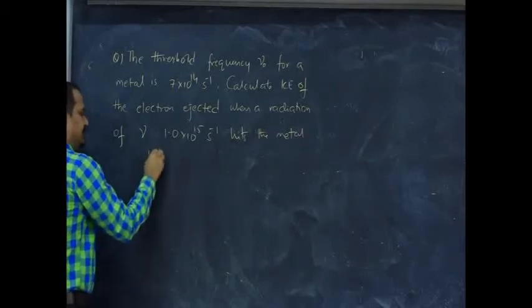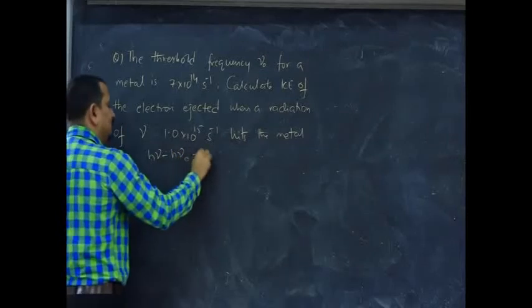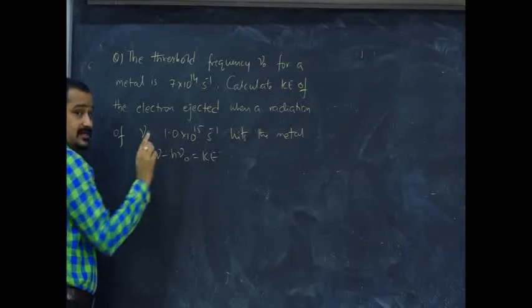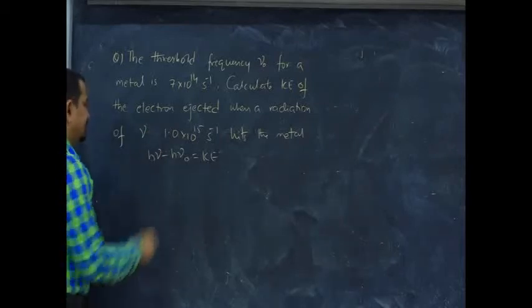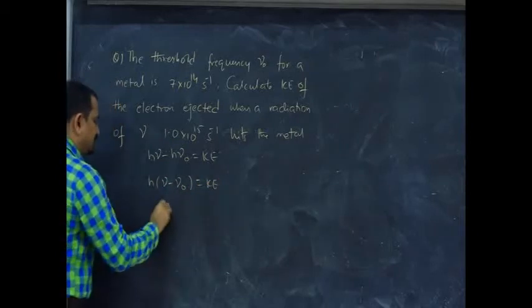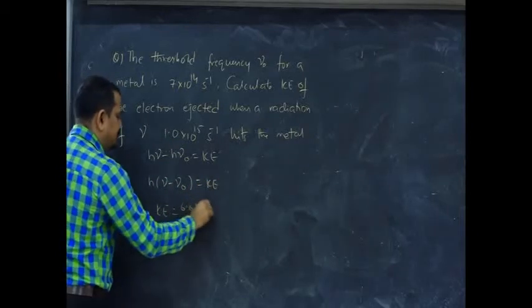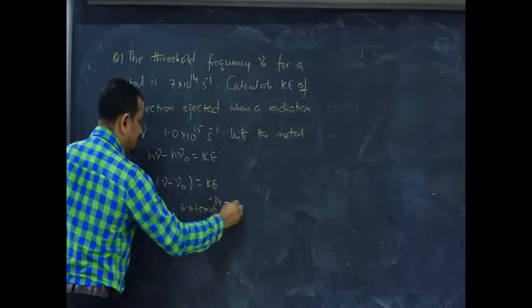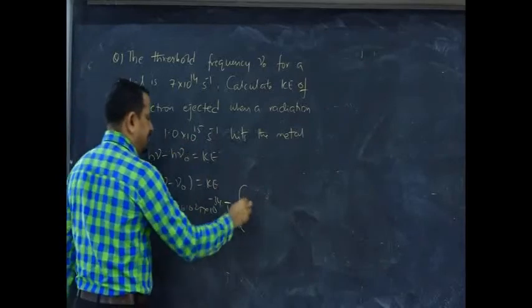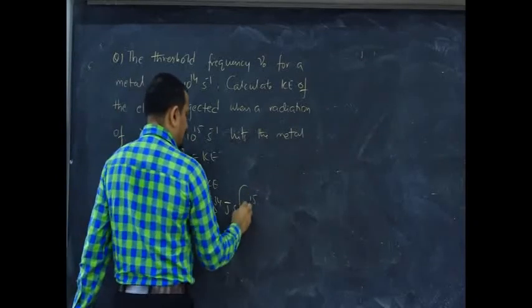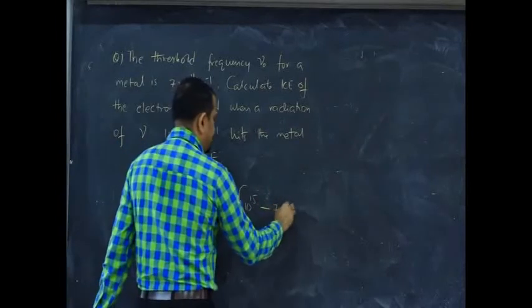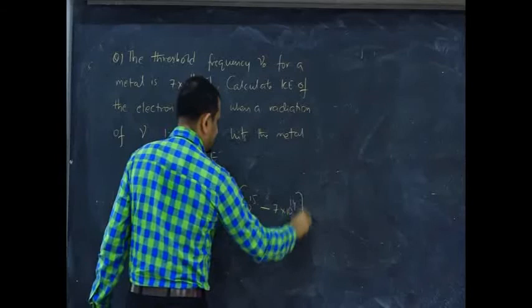Just now we studied h nu minus h nu naught equals kinetic energy. Kinetic energy is the difference between the energy of the incident light and the threshold energy, as we studied in the same session. So h into nu minus nu naught equals kinetic energy. Kinetic energy equals 6.625 into 10 power minus 34 joule second into the frequency of the incident light, 10 power 15, minus the threshold frequency nu naught, 7 into 10 power 14 second inverse.